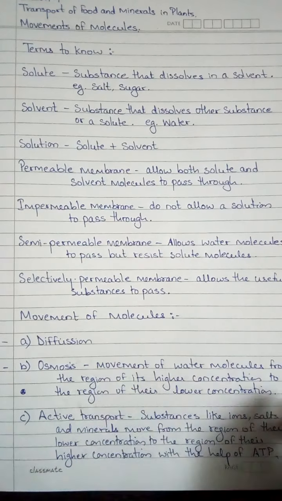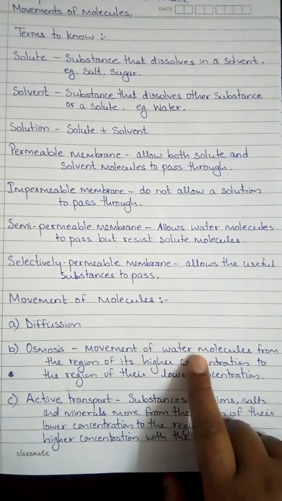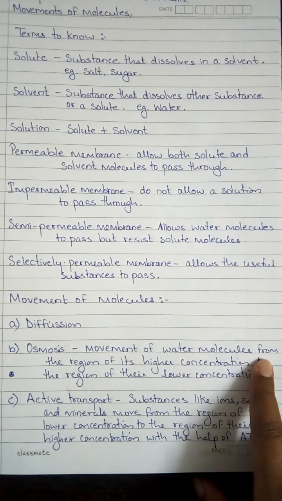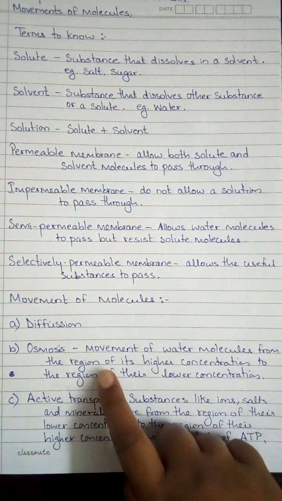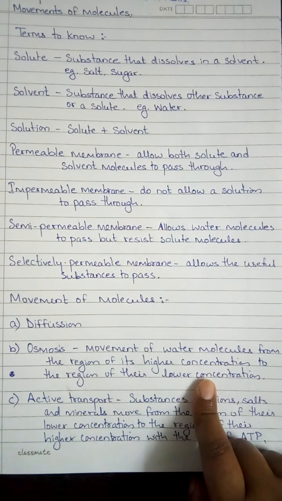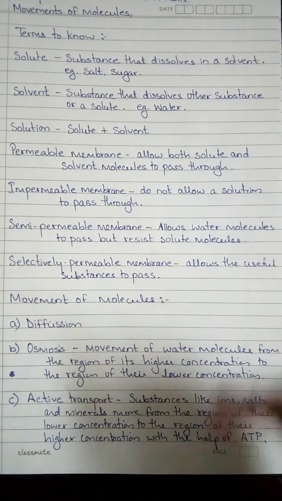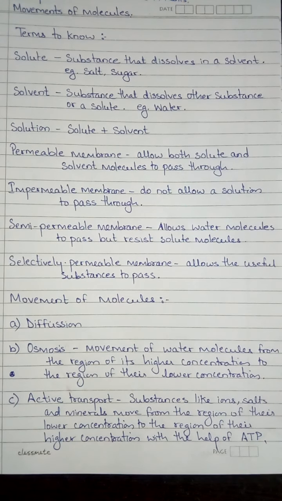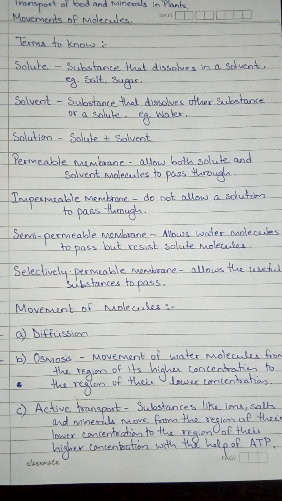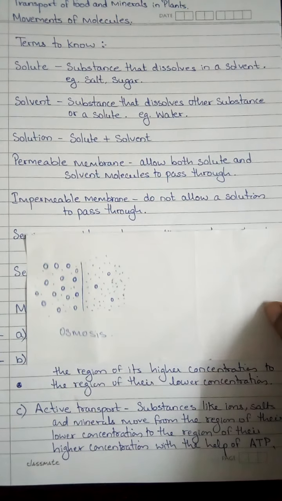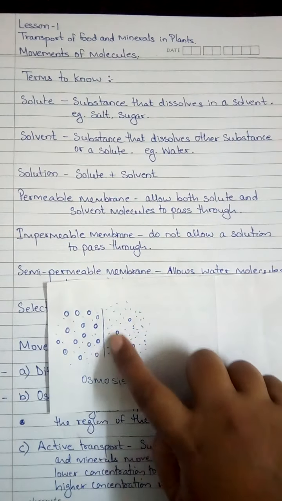Now osmosis is movement of water molecules from the region of its higher concentration to the region of their lower concentration through a semi-permeable membrane. Now we know, okay, for example, here this is the root.